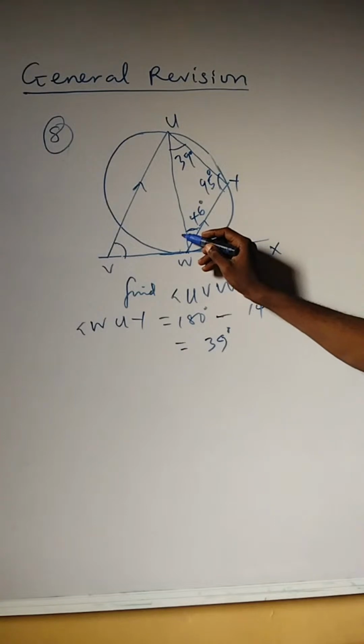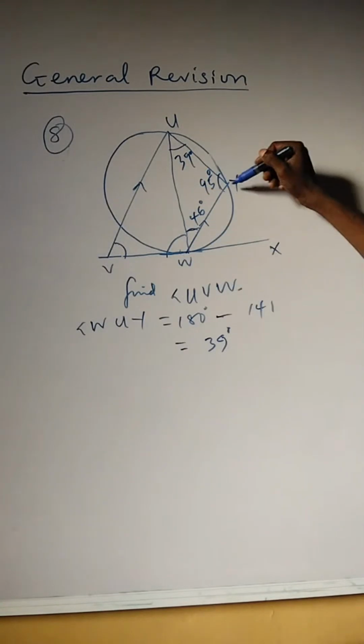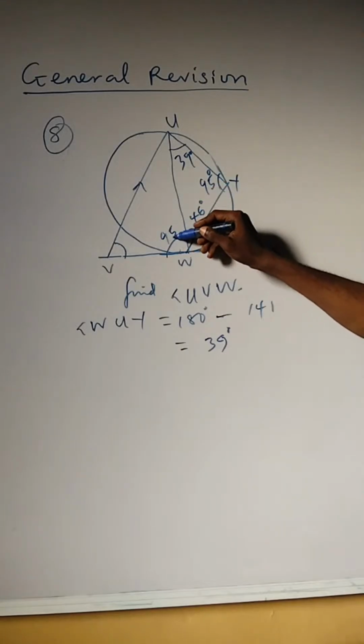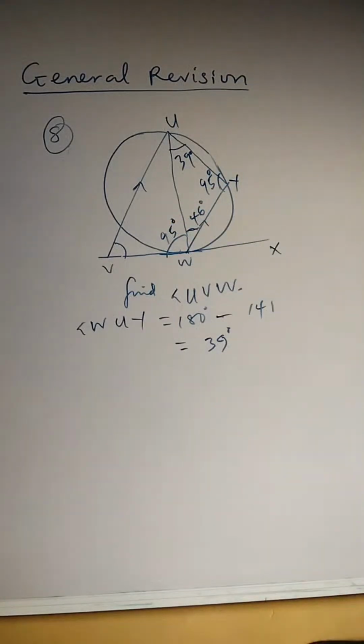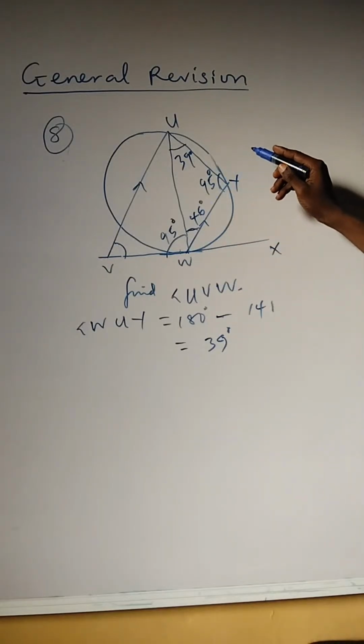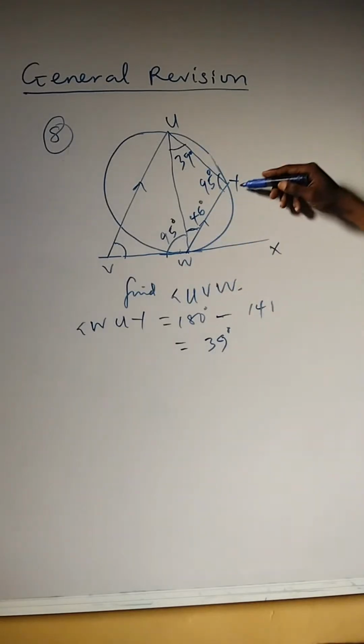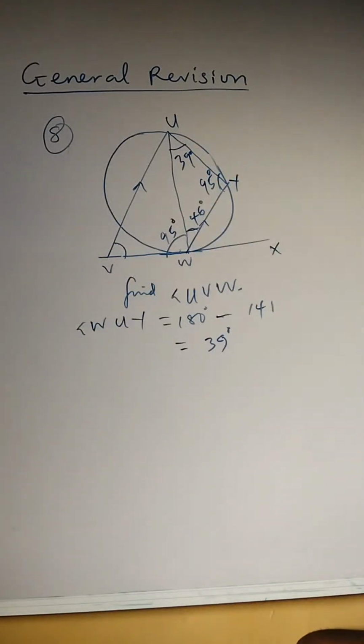Actually, this angle here is the angle between this tangent and this chord. So this angle is 95 degrees as well, because of the alternate segment. Yes, this is 95.